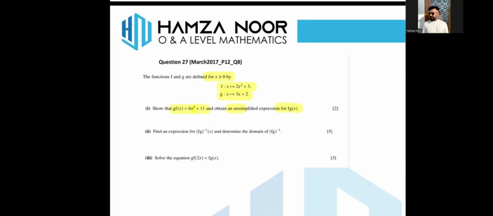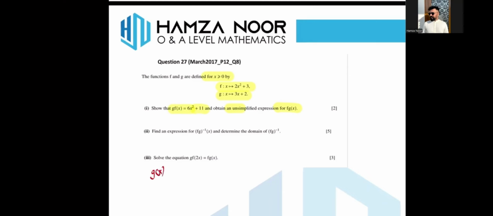First of all, we have the g(x) function, which is 3x + 2. The input for the g function is x. Now we need g(f(x)), meaning the input of the g function will become f(x) itself. So in place of x, I'm going to substitute the f(x) function.